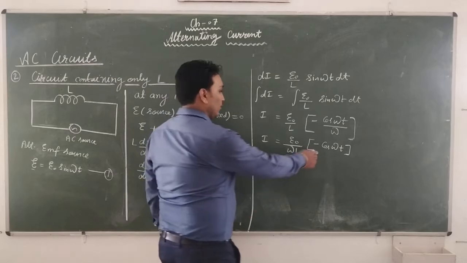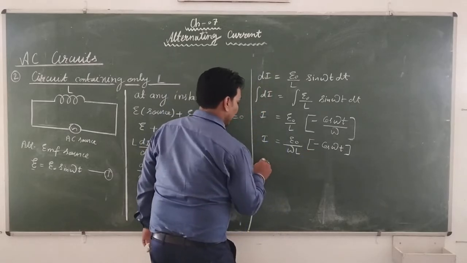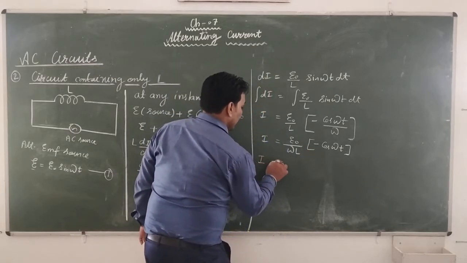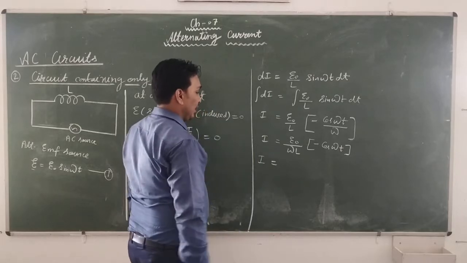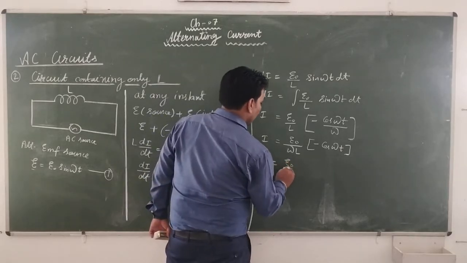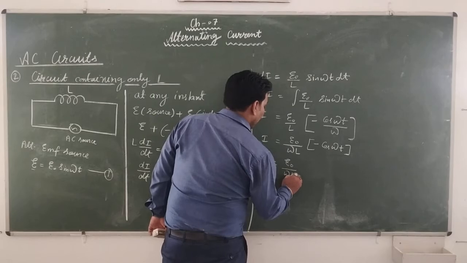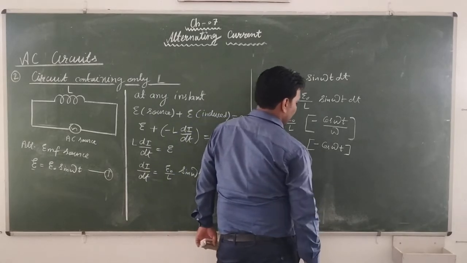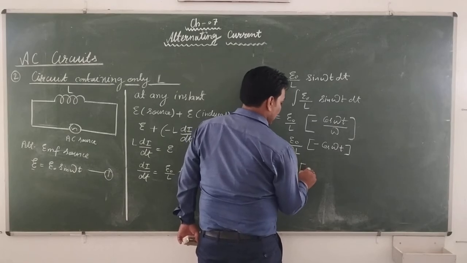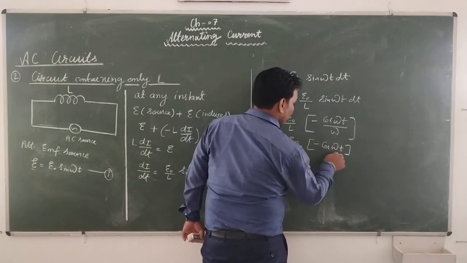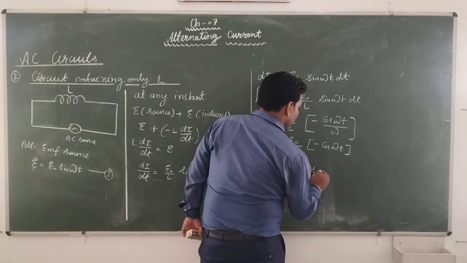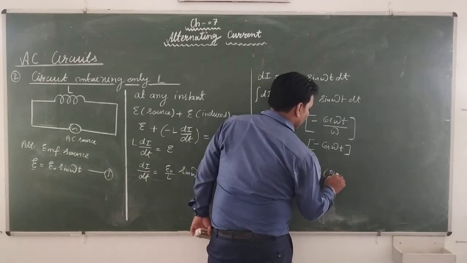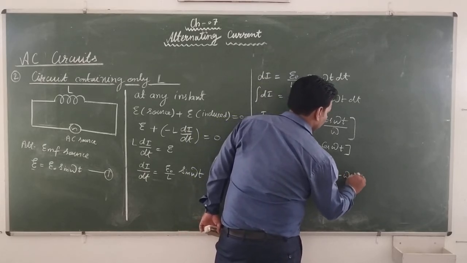We are going to convert this in terms of sin. How are we going to convert this? Let us see. I is equal to E naught upon omega L, and for cos omega t we can write minus sin pi by 2 minus omega t.